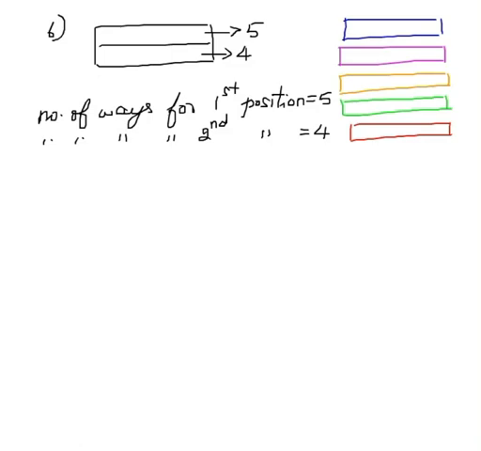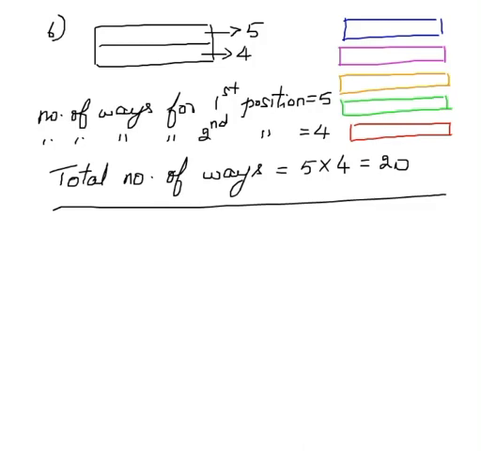I have only one piece of each color. Therefore, total number of ways is equal to 5 times 4, which is 20. Now see example 1.